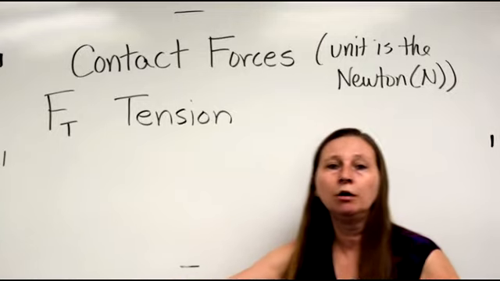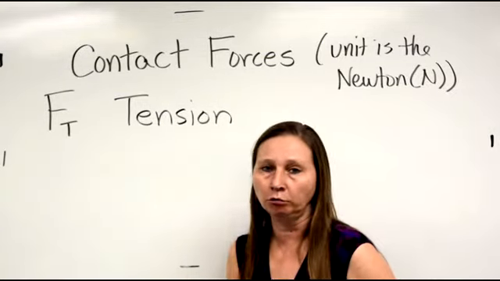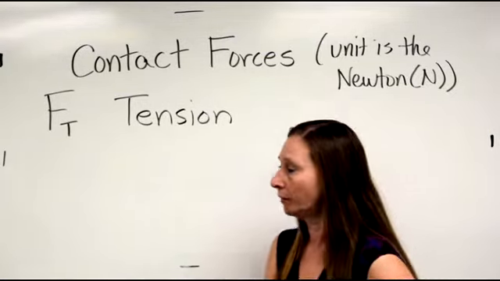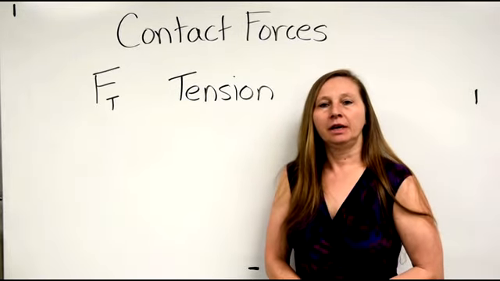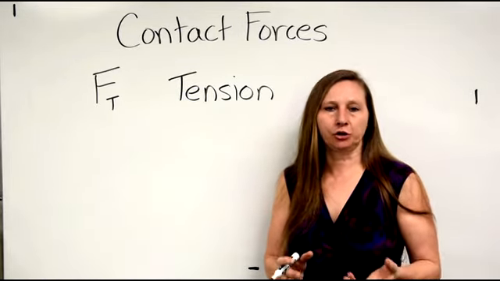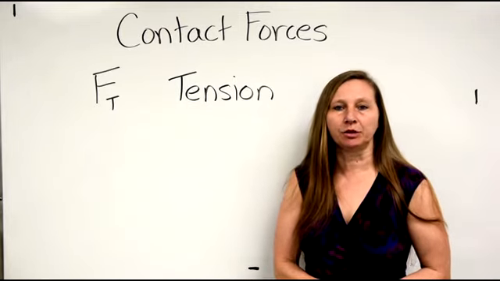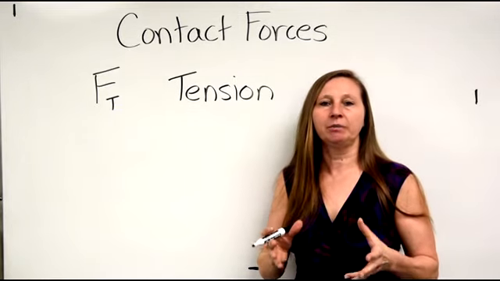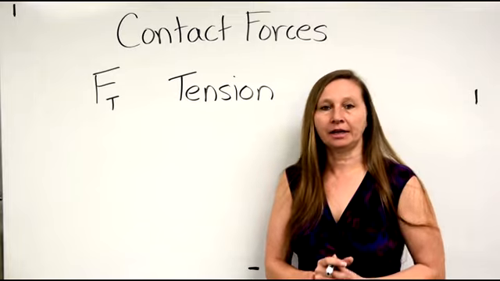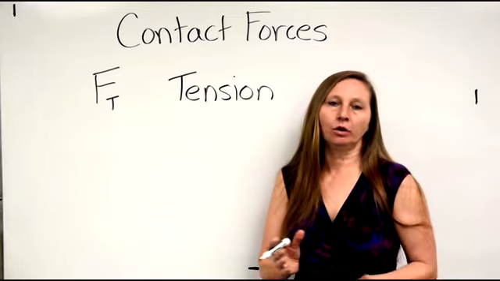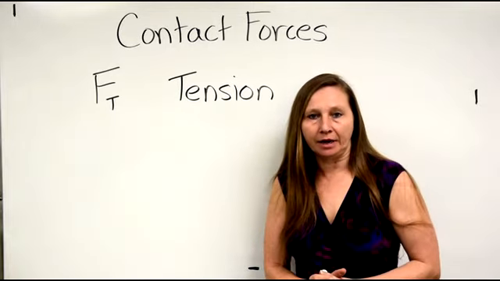It can only pull. A string or a rope cannot push. Now, one thing to remember about tension is that all different strings, ropes, wires, and cables have a certain maximum tension that they can withstand. If you exceed that tension, the string or cable, etc., will break.